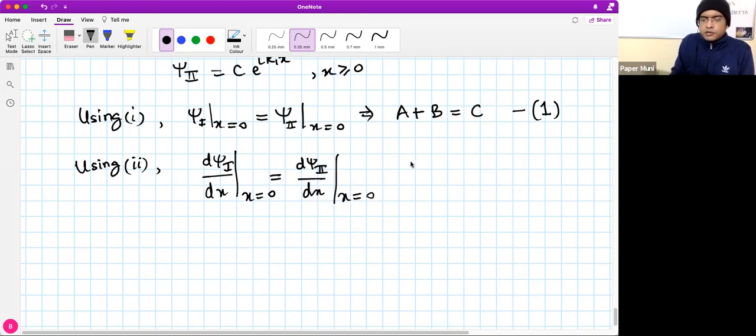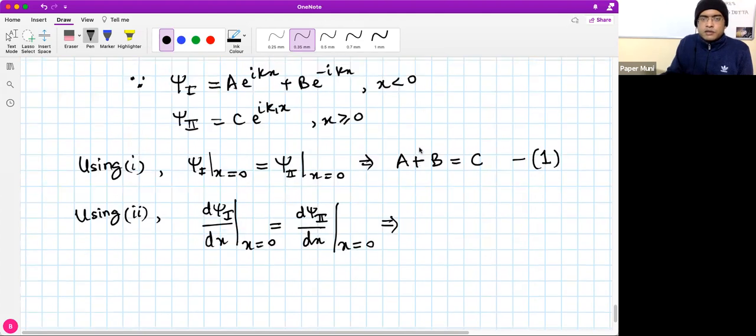Okay, so this is x equal to 0. If you take the derivative, in the first term we'll have ik coming outside. Then putting x equal to 0, on the left hand side we'll get ik times (a minus b), equal to, on this side, k1 c.